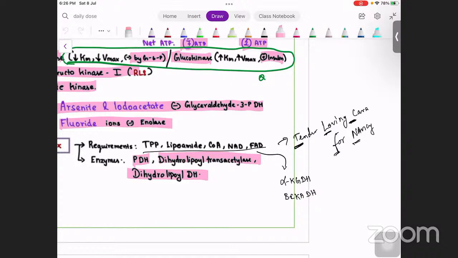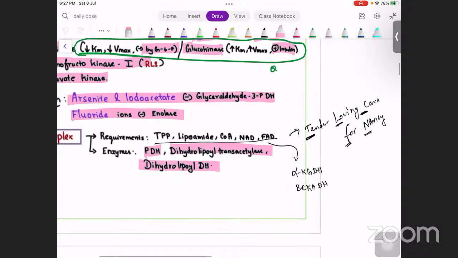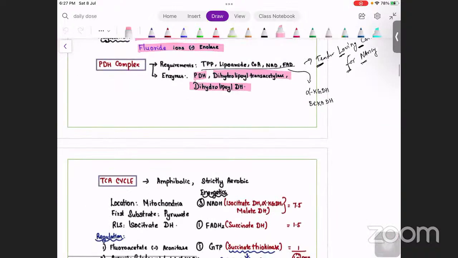So you can remember and answer this question. Pyruvate dehydrogenase, dihydrolipoyl transacetylase, and dihydrolipoyl dehydrogenase are the 3 enzymes which belong to the PDH complex.